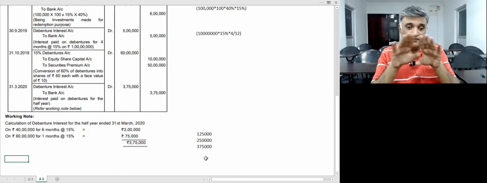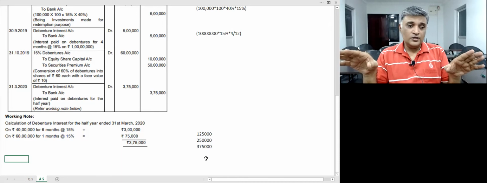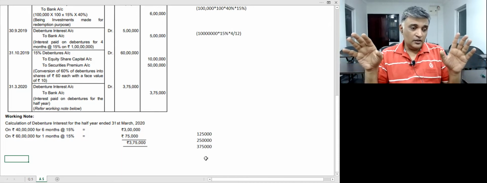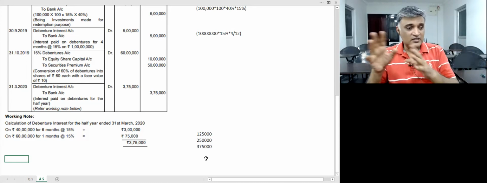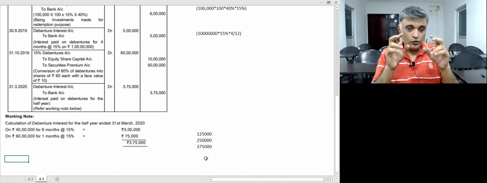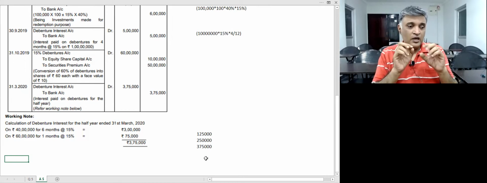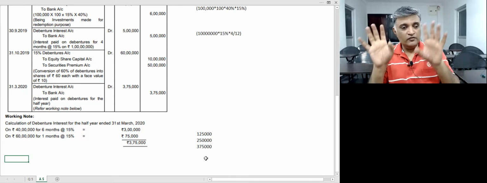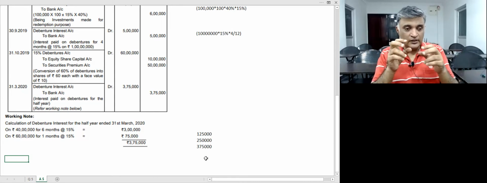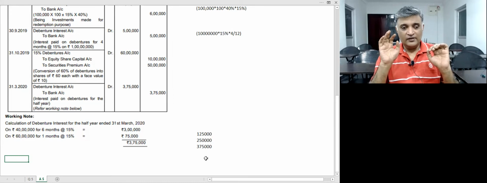We are bifurcating the 100 lakh debentures into 2 categories, 40 lakhs and 60 lakhs. Interest is due for 1 month on those 60 lakh debentures, which gives 75,000, and for 6 months on the remaining 40 lakh debentures, which gives 3 lakhs. The total is 3,75,000.